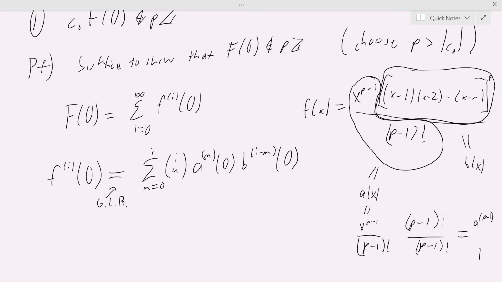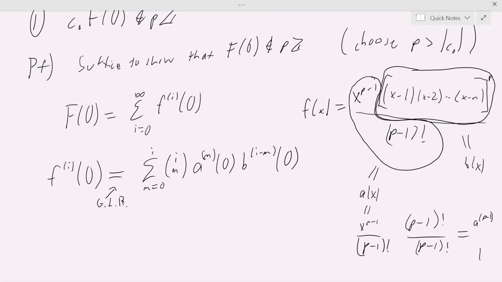So if you differentiate less than p minus 1 times, then when you plug in x equals 0, the term vanishes. If you differentiate more than p minus 1 times, then the fact that the exponent is only p minus 1 means that the entire thing vanishes anyways, because the degree was less than the number of times you differentiated. So in the unique case, when you differentiate exactly the number of times that the degree is, p minus 1, that is when you get this number 1.